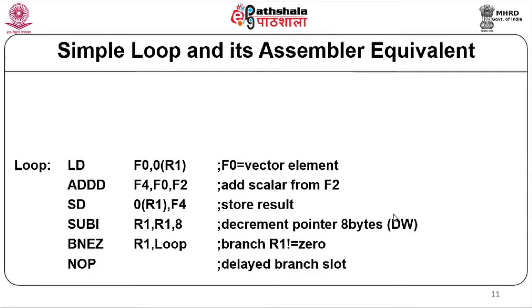You do not have any scope for exploiting parallelism here. So, we definitely have to exploit parallelism by looking at different iterations of the loop, because different iterations of the loop are independent. So, there is no loop carry dependence here. The iterations of the loop are independent. They are a very good source for exploiting loop level parallelism.